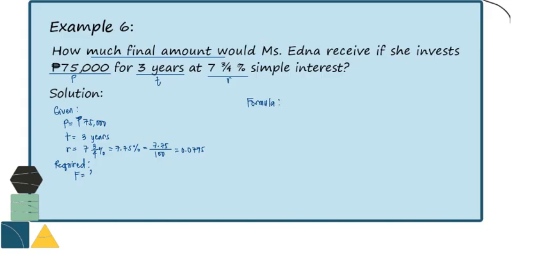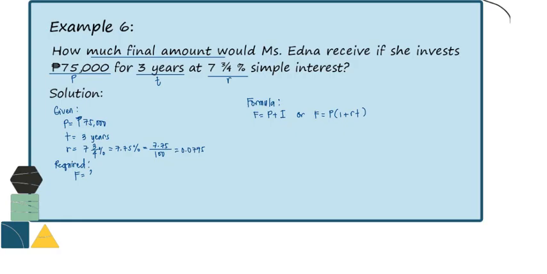We could make use of two formulas. We could have either F is equal to P plus I, wherein the interest should be given in the problem. But for this case, we can find the interest ourselves. Or you could use the expanded form, wherein you could directly find the future value by making use of our principal, rate and time.